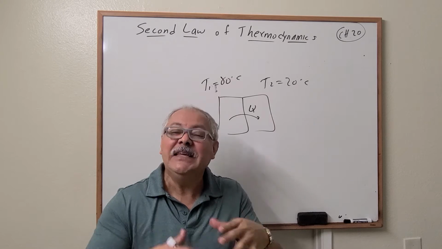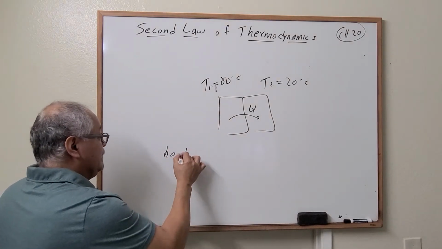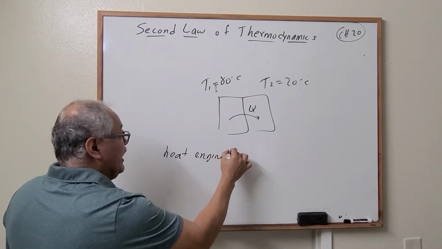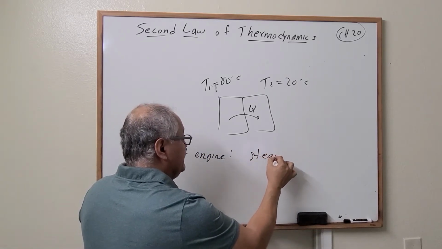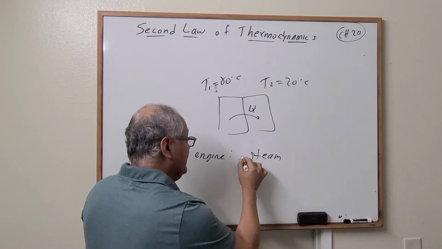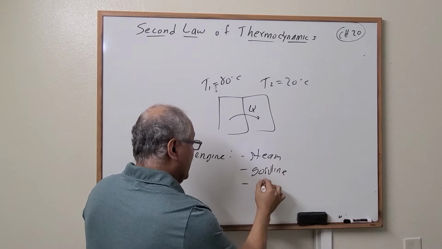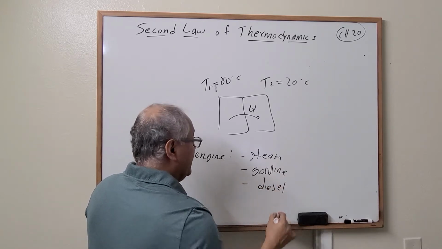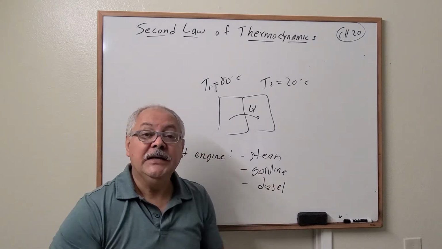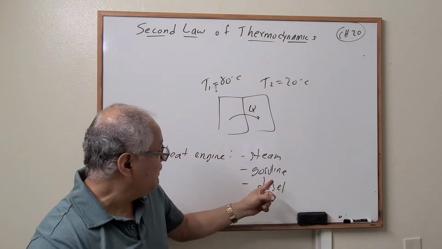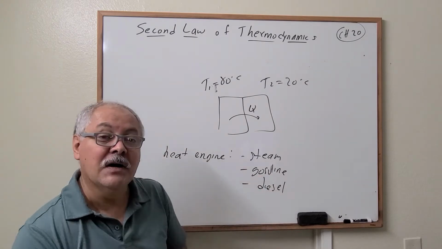And we have mainly three types in the analysis: steam, gasoline, and diesel. These are the main three types that we analyze in general in this chapter.